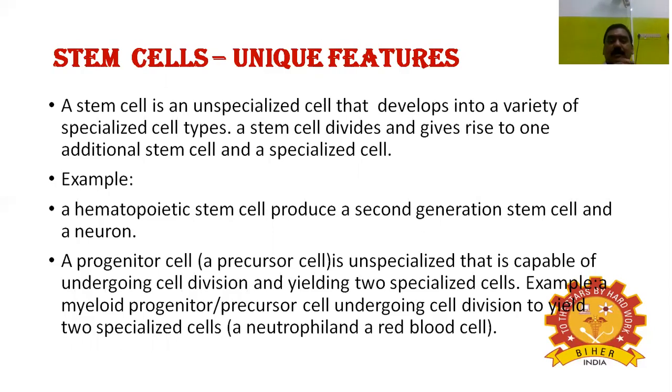For example, the myeloid progenitor, or myeloid precursor cell, undergoing cell division yields two specific specialized cells, that is neutrophils and RBC, red blood cells.